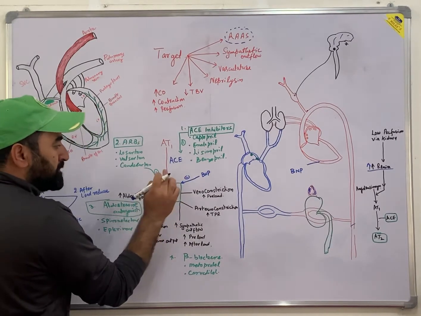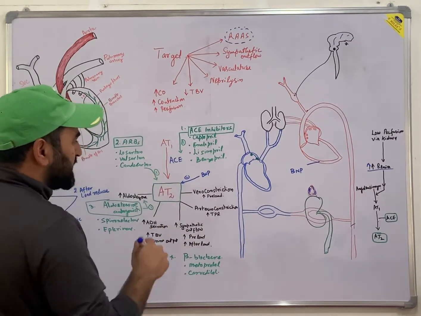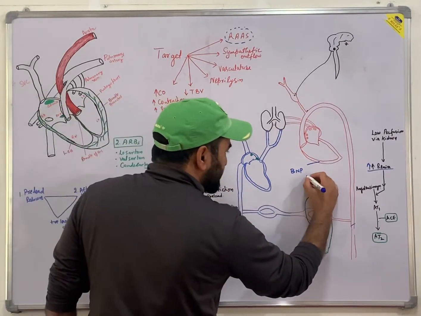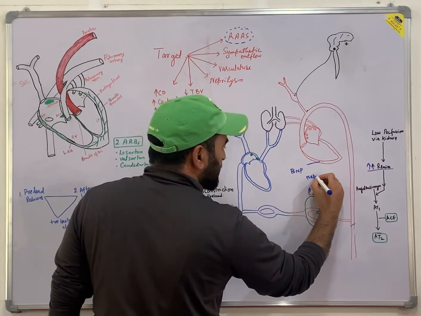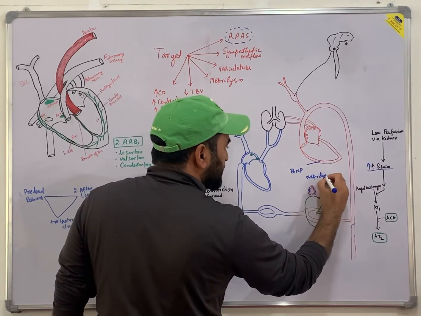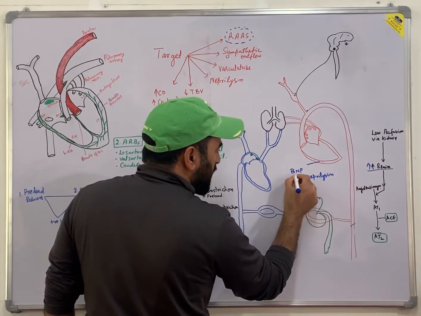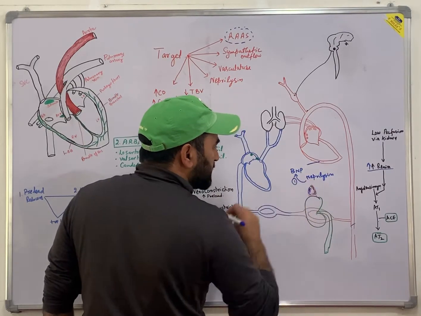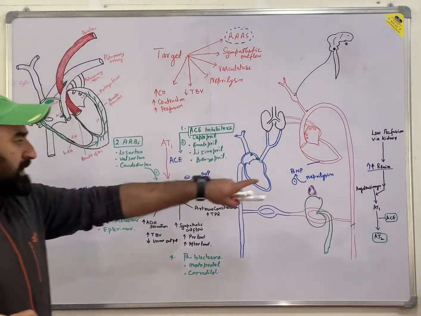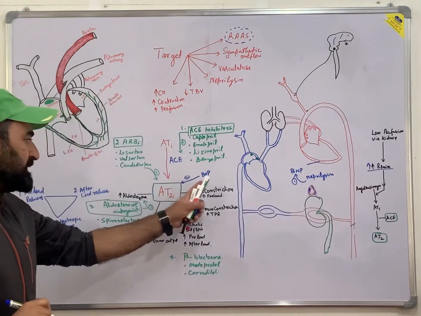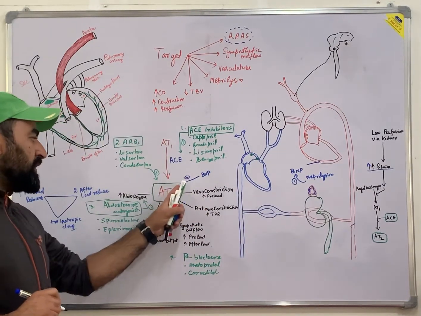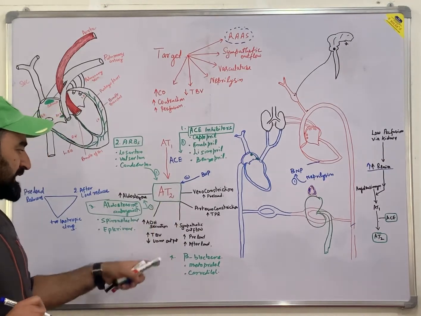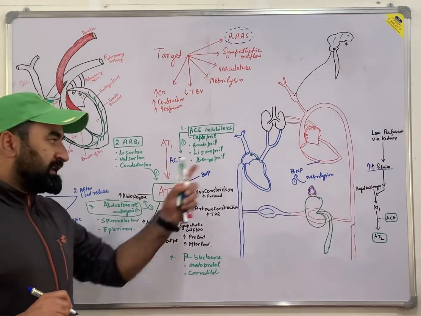But in normal conditions, there is one enzyme known as nephrolysin. It is going to block this BNP. If nephrolysin blocks BNP, that means it blocks this activity, and so the RAAS action on the heart increases.